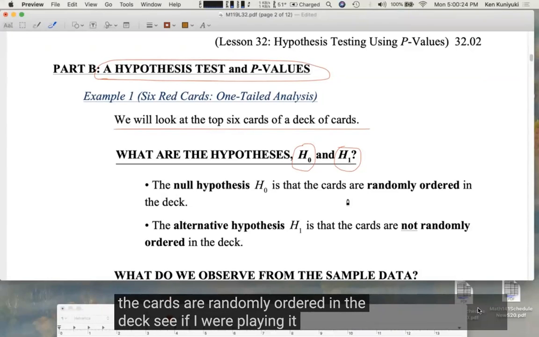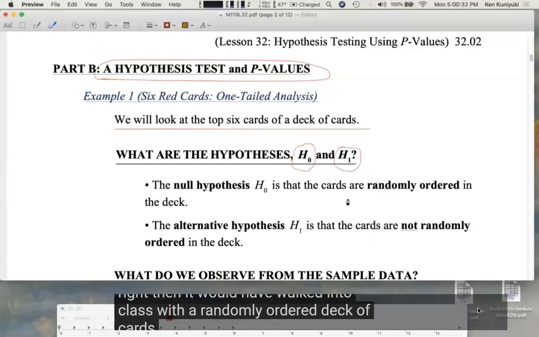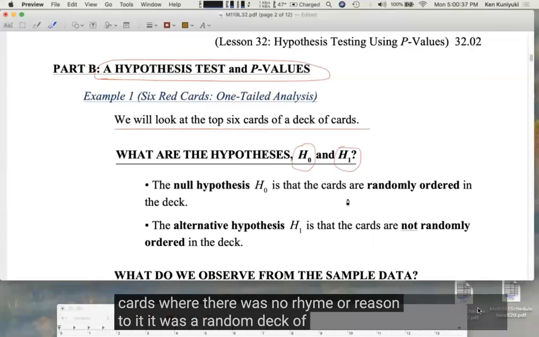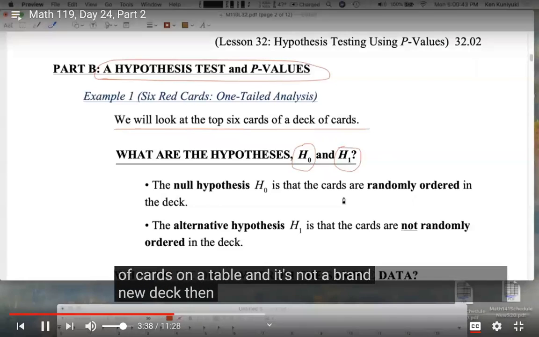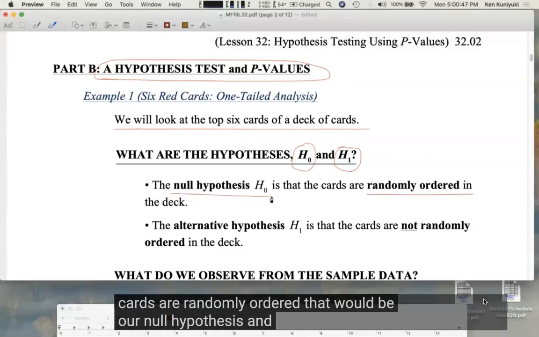See, if I were playing it purely fairly, and competently, then I would have walked into class with a randomly ordered deck of cards where there was no rhyme or reason to it. It was a random deck of cards, right? And if you just see a random deck of cards on a table and it's not a brand new deck, then you might assume that the cards are randomly ordered. That would be your null hypothesis.